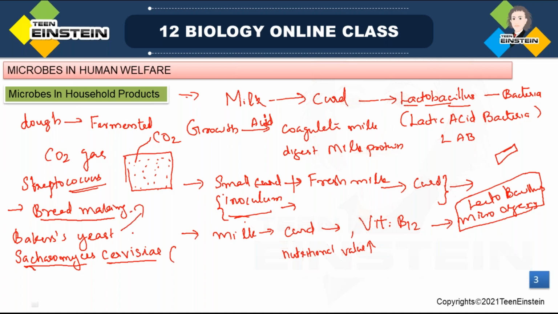So after fermentation, which gas will come out? Carbon dioxide, along with which one? Along with ethyl alcohol. Carbon dioxide along with ethyl alcohol will evaporate during the baking period, and that makes the soft and porous appearance of that bread. Okay.